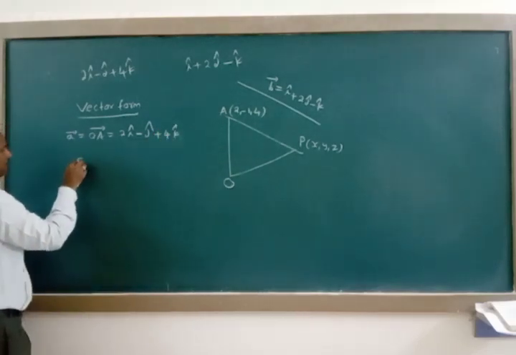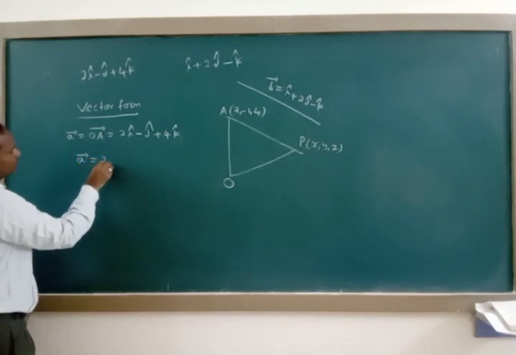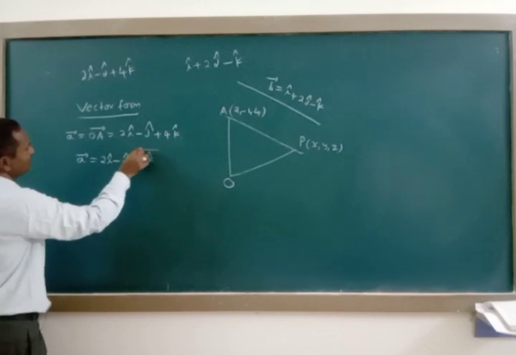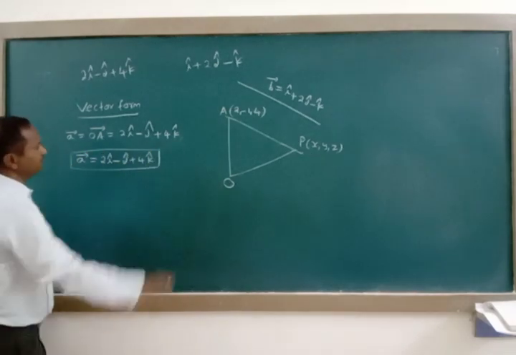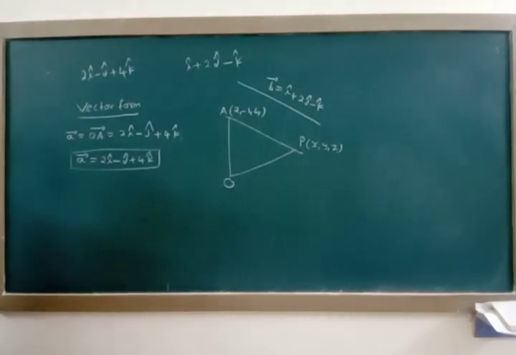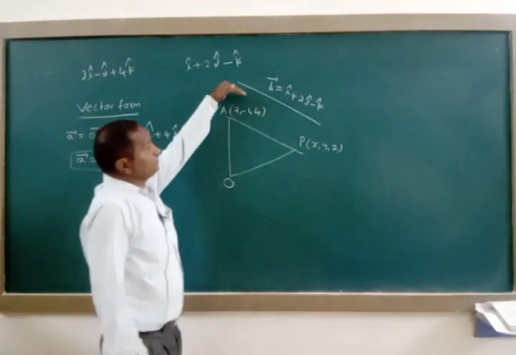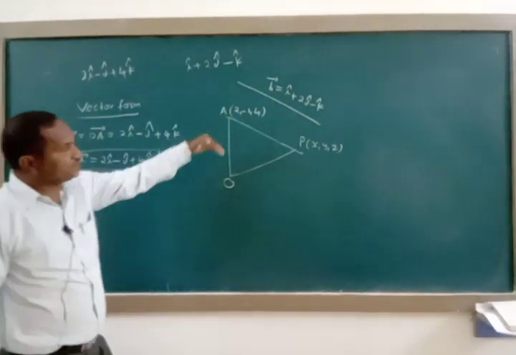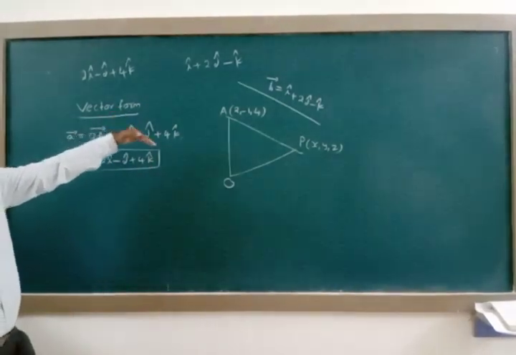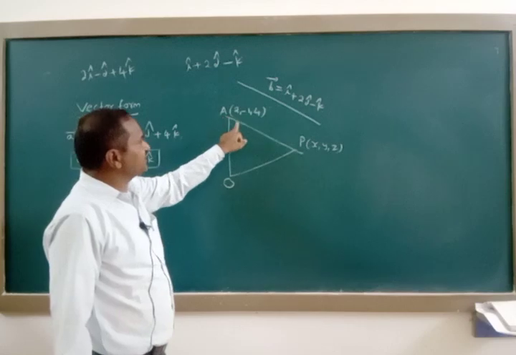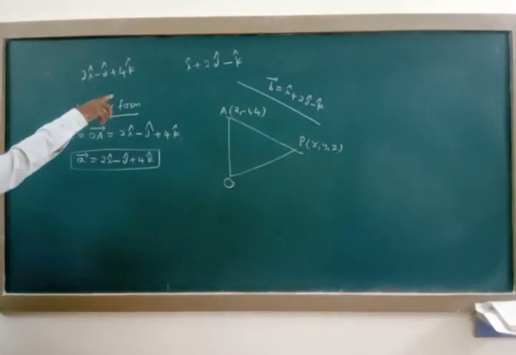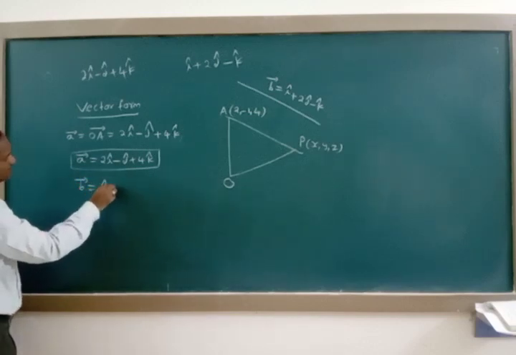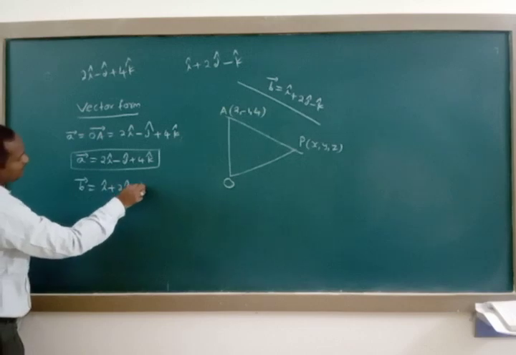That is, A vector is equal to 2i cap minus j cap plus 4k cap, the position vector of the point capital A. Next, in the direction of the vector they gave, we must consider it parallel to the given line passing through the point capital A. That is the second vector, B vector is equal to i cap plus 2j cap minus k cap.